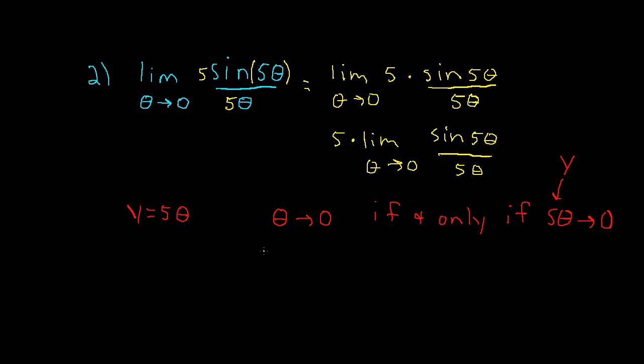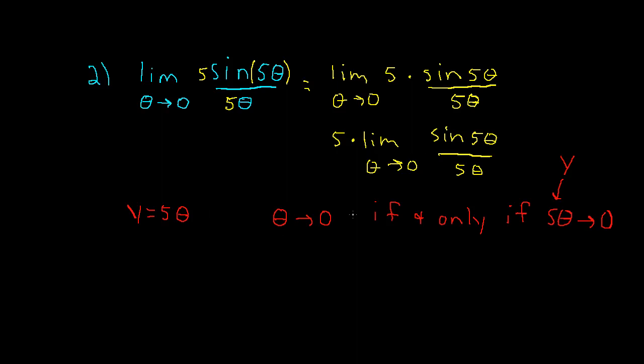Can you see that if theta goes to 0, that implies that 5 theta has to go to 0? If this variable right here is getting really close to 0, then the whole thing is getting close to 0. It goes the other way around as well. If 5 theta is getting close to 0, the only way that's possible is if theta is going to 0. So theta going to 0 implies y going to 0, and y going to 0 implies theta going to 0.